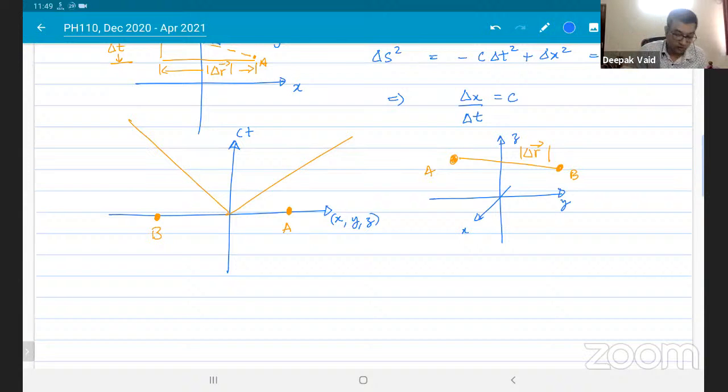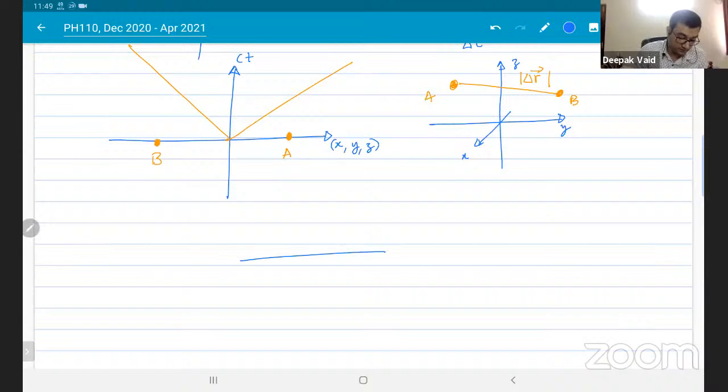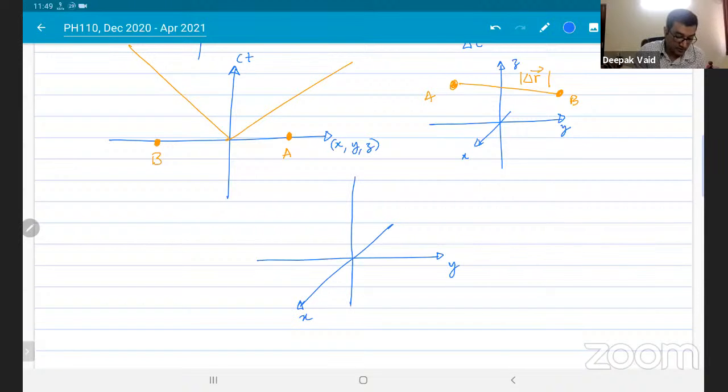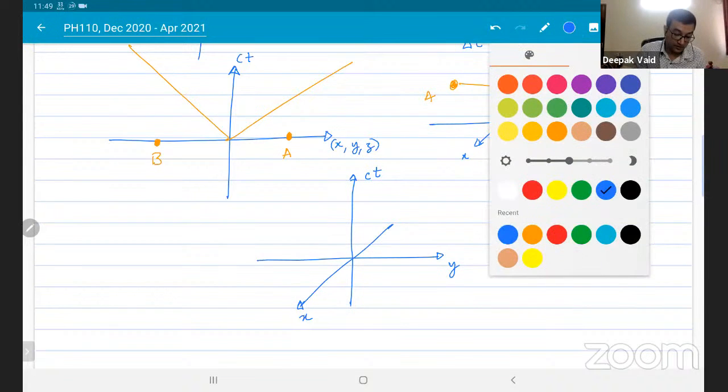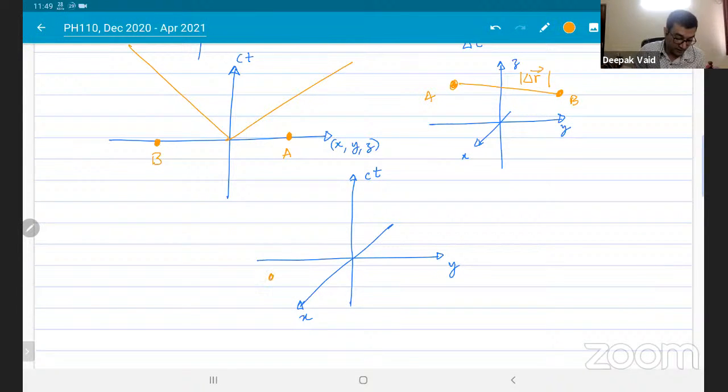Now I could even draw two space coordinates and one time coordinate. For instance, I could draw this as X and this as Y, and then this as CT. Then, for instance, I have this point A over here and this point B over here.